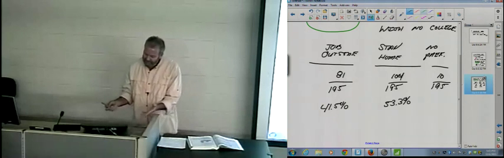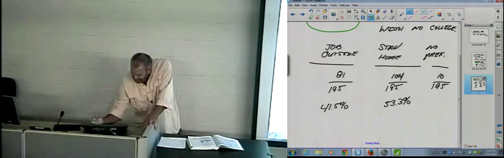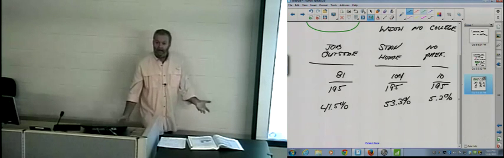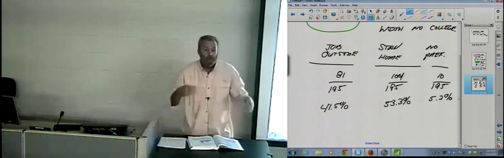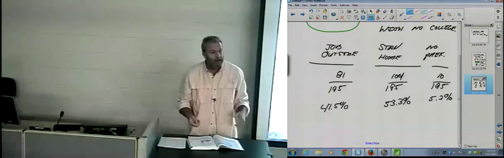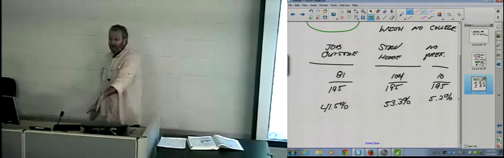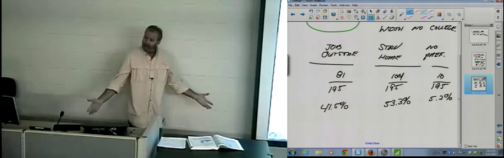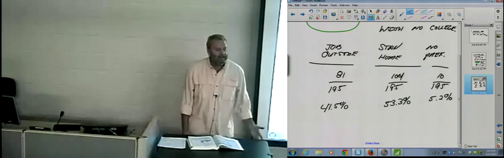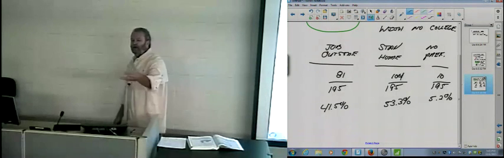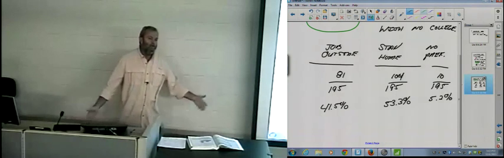I can guess it should be 5.2. Does anybody know how I knew without having a calculator? You understand those three have to add up to 100%, right? Because every one of the women with no college picked one of these three lifestyles, right? So right there, that's the conditional distribution of lifestyle, given that you're only looking at the group of women with no college.